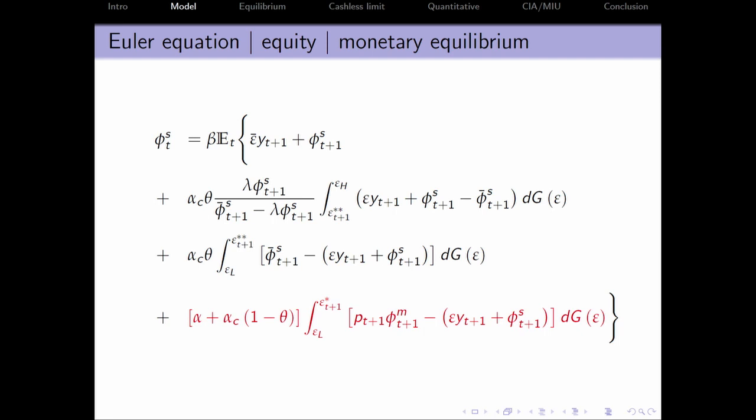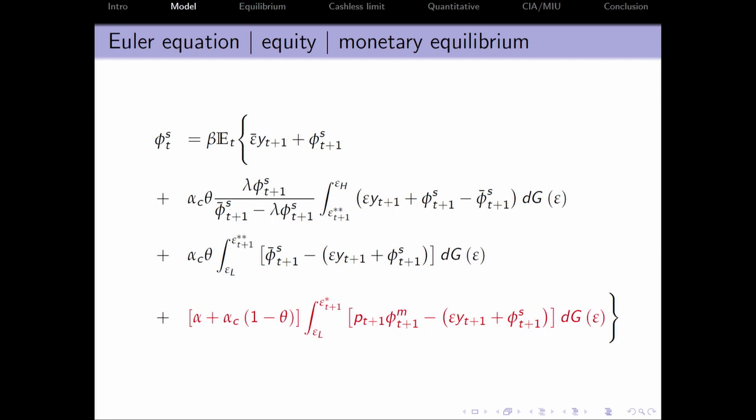The cash-only guy gets this gain from reselling. The guy with access to credit who loses the coin flip, has no market power, gets the same gain from trade as the cash-only guy. He's being pushed against his indifference, which in this case is mimicking the cash guy. Okay? So the whole point is, when I start taking limits later, this term will go away when I take alpha to 0. Remember, alpha C is 1 minus alpha. So this term will go away.